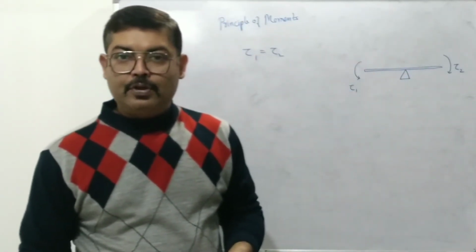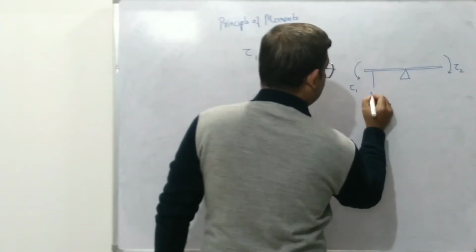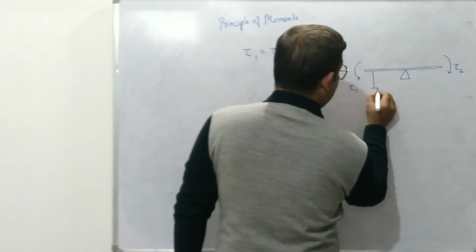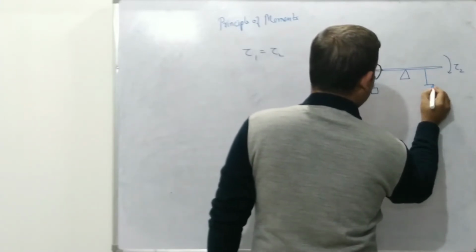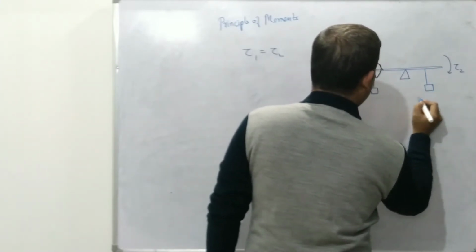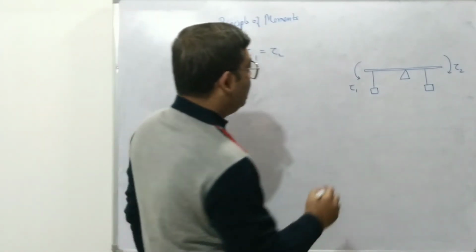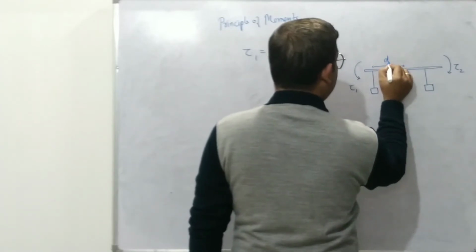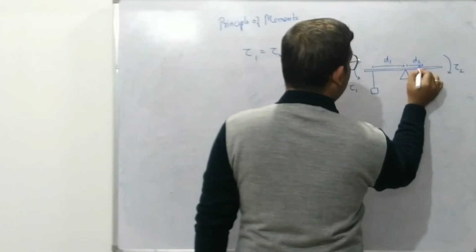By applying certain force. So what we do here is that we apply a force, right, with the help of certain weight, and we apply another force with the help of some other weight on either side of it. Let's say this force's point of application is at a distance of d1 and the other force is at a distance of d2 from the fulcrum.